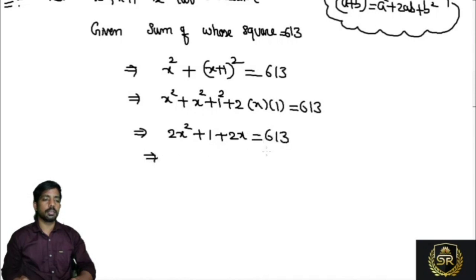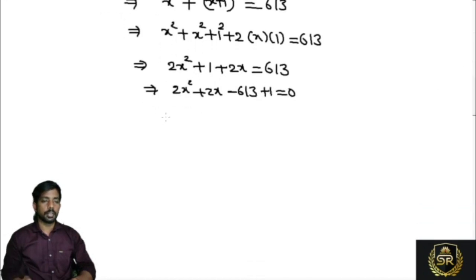So bring this 613 to the left hand side: 2x square plus 2x minus 613 plus 1 is equal to 0, right? So from here we can write 2x square plus 2x minus 612 equals 0.